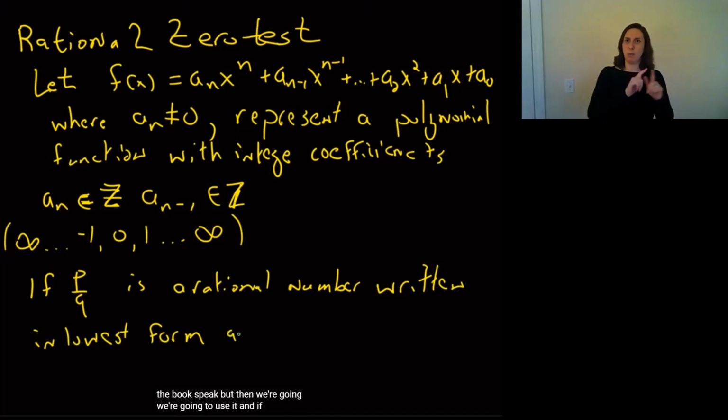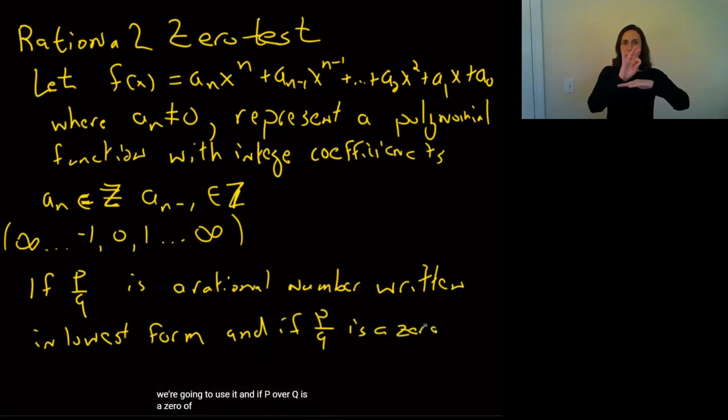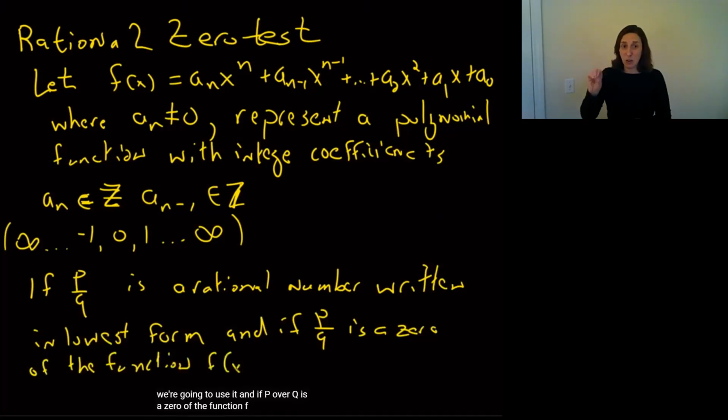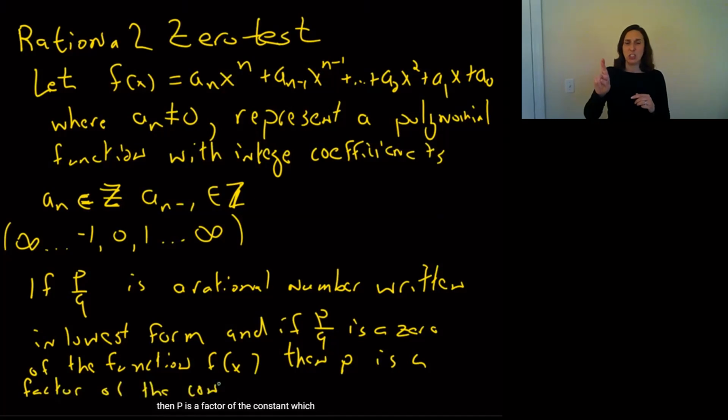And if p over q is a 0 of the function f of x, then p is a factor of the constant, which we call a sub 0.